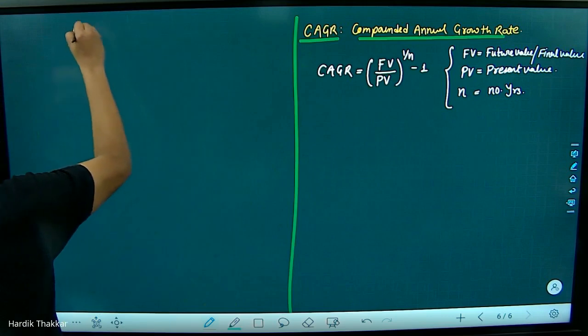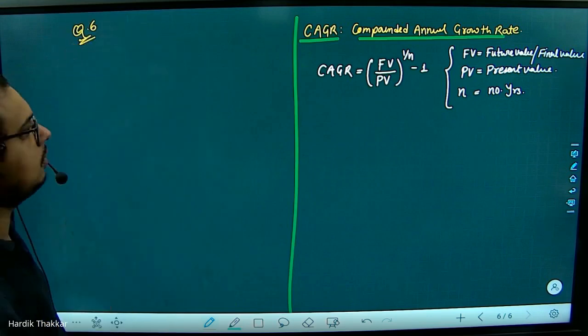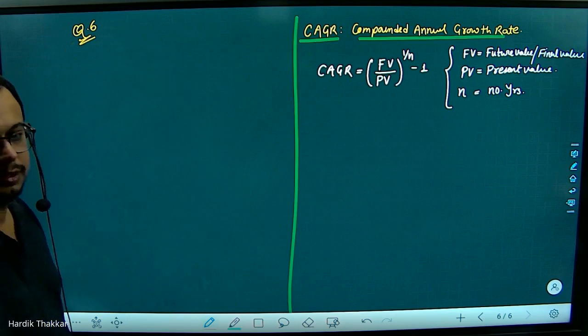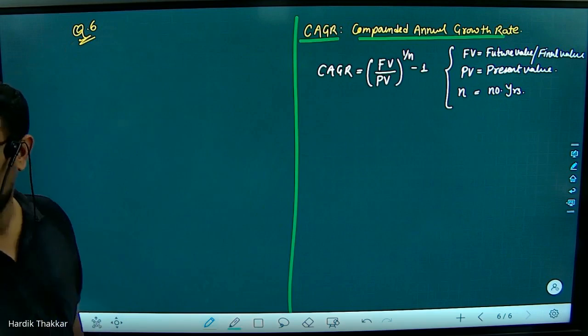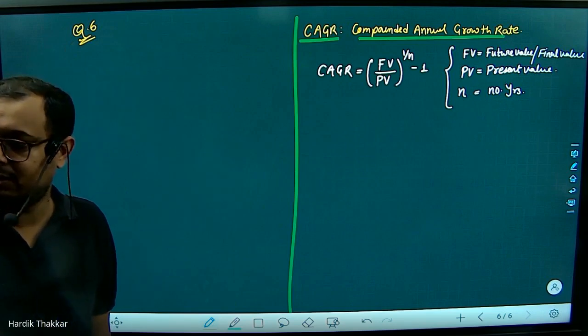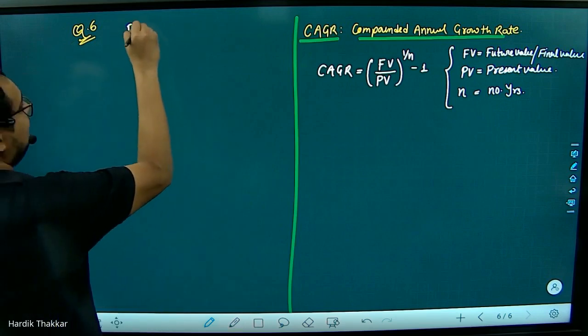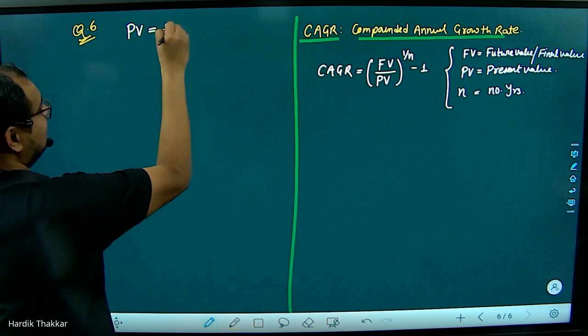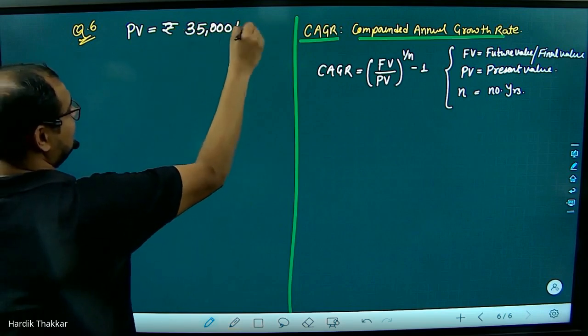What is written in question number 6? Anushree, read it. Okay, so Mrs. Vandana invested how much amount? 35,000. So the present value PV is rupees 35,000, or her investment is rupees 35,000.